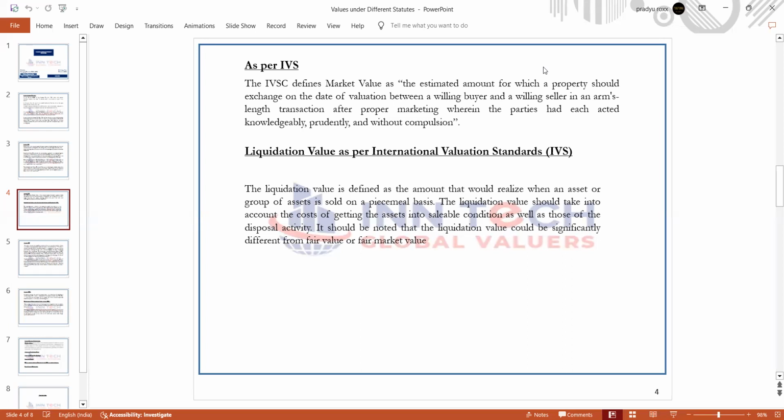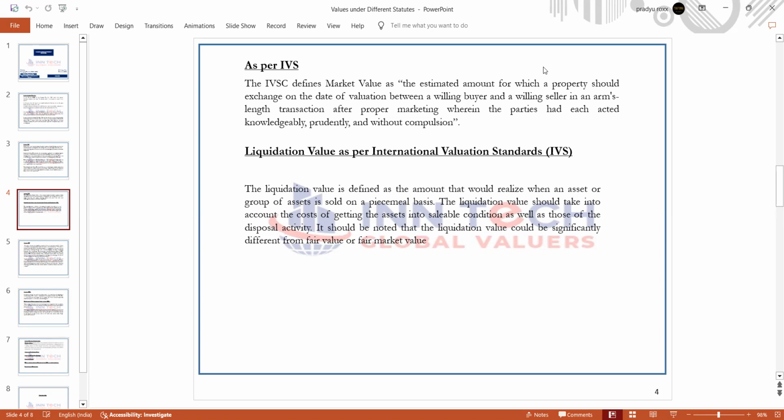So the 1 acre property which is facing the highway will certainly command 4x value than the property on the rear side. So if you are able to maximize the value for the property facing the road compared to the property which is far interior, then you can fetch a good value.